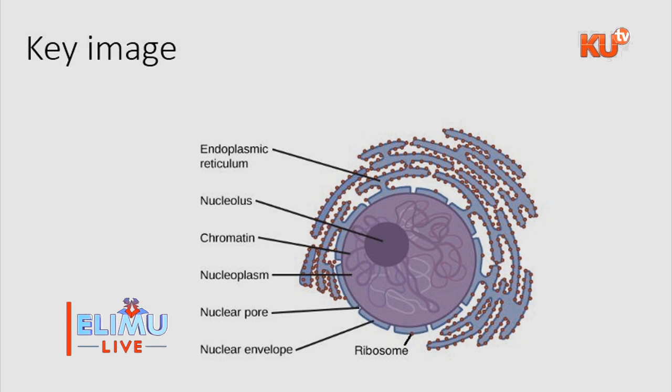The ribosomes are the pimple-like structures on the surfaces of the endoplasmic reticulum. The rough endoplasmic reticulum has the ribosomes on its surface, and the smooth endoplasmic reticulum does not. We are seeing the nucleolus, and we also have the chromatin and the nuclear pore.